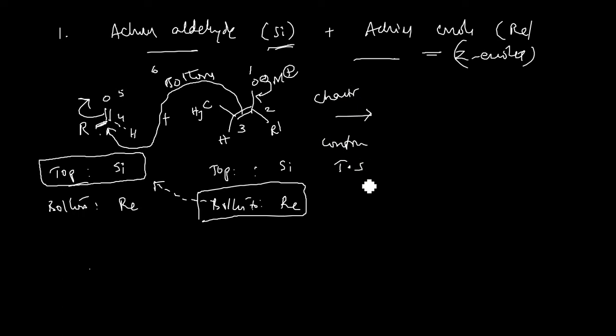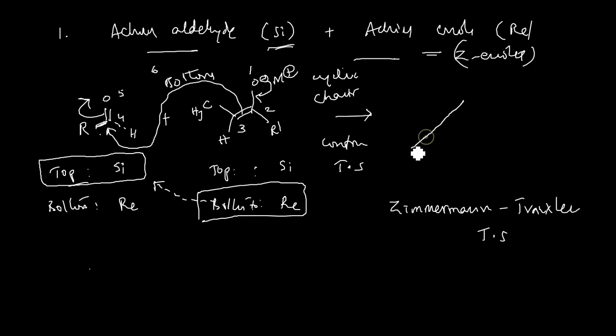So this reaction gives you a stable six-membered cyclic chair conformation transition state. That is actually called the Zimmerman-Traxler transition state.